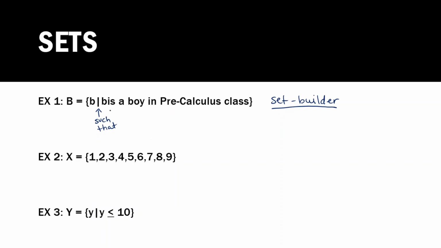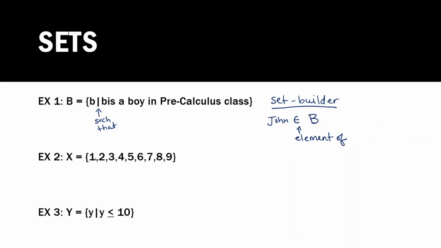That set would include every boy in pre-cal class. So let's say that John is in pre-cal class. I could say John is an element of the set, because John is contained in there. He is a student in pre-cal class.